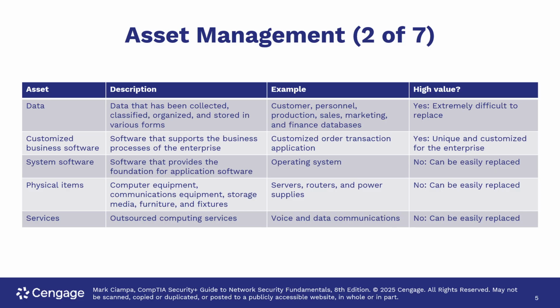Physical items: computer equipment, communications equipment, storage media, furniture, fixtures, and services, outsourced computing services. All of those things are important. And you can see data is extremely difficult to replace, and the customized business software has high value.